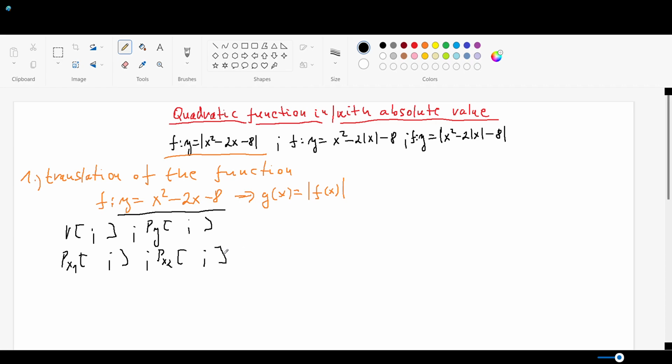And this is kind of a reminder of how you can find these 4 points for the given function written here.